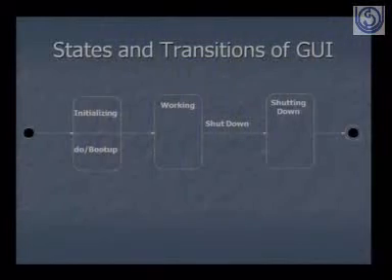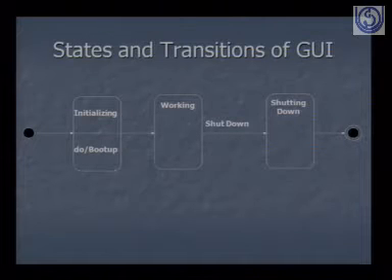So let us see one simple example. We are all aware of the Windows operating system. It comes under graphical user interface. Let us take only 3 states. One is the initializing state, working state and shutting down state. So this graphical user interface, that is the operating system, may be in any of the 3 states.